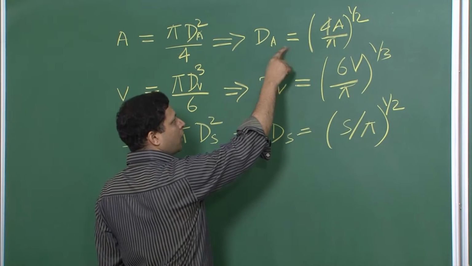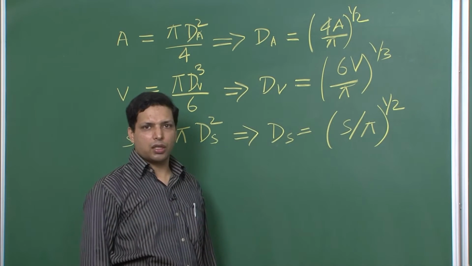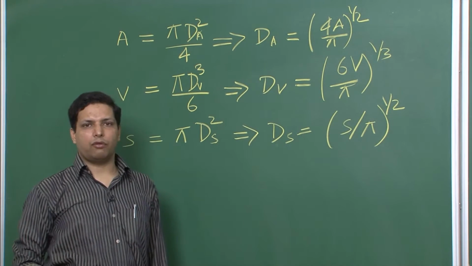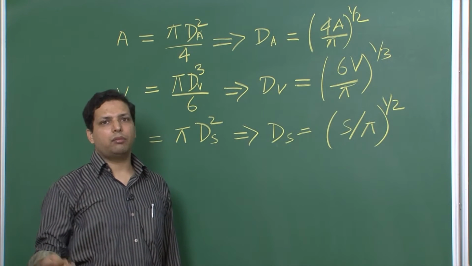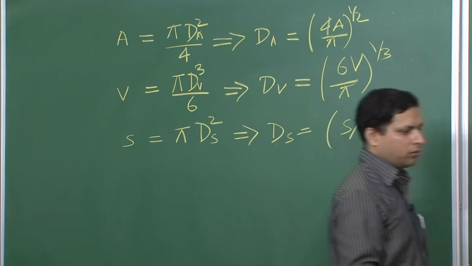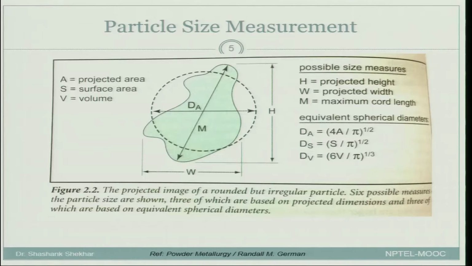One of them you have calculated based on projected area, other based on surface area. Although these two are same, if you were to calculate the volume, it may come out different, and in most cases that is how it will be. So, that is the particle size measurement. Depending on the technique, you will have different equivalent spherical diameter.